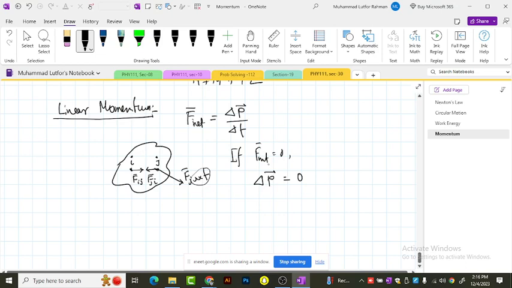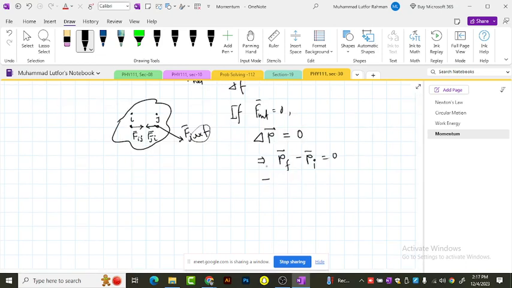Then we can write Pi is equal to Pf, right? From here we can say that the momentum of this system is going to be conserved only if the external force on the system is 0. Internal force has no business in the conservation of linear momentum. So momentum will be conserved only if the external force on the system is 0.